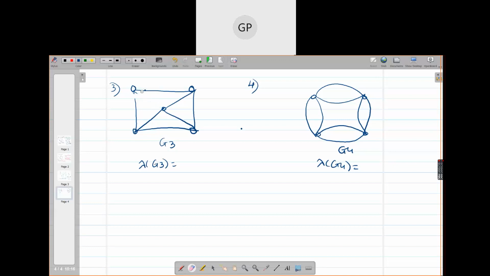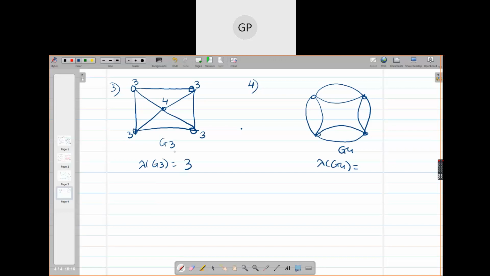You have to always consider the minimum number. So minimum degree, you should always go for. You just go on writing the degree. Degree of this vertex is 3, 3, 3, 3. And what is the degree here? 4. Okay. So lambda of G3 is 3. Is that clear?